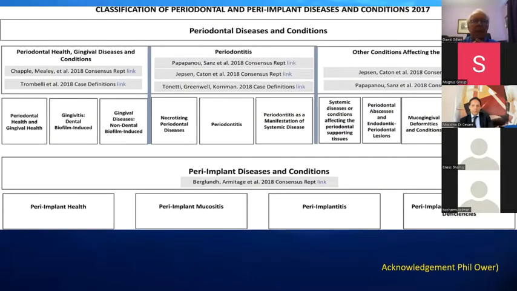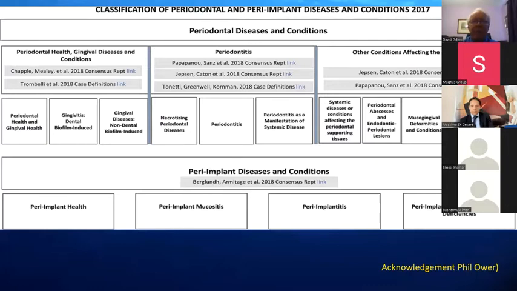Now, since the Miller classification, we now have the 2017 workshop, and you can see it's now classified as mucogingival deformities and conditions.